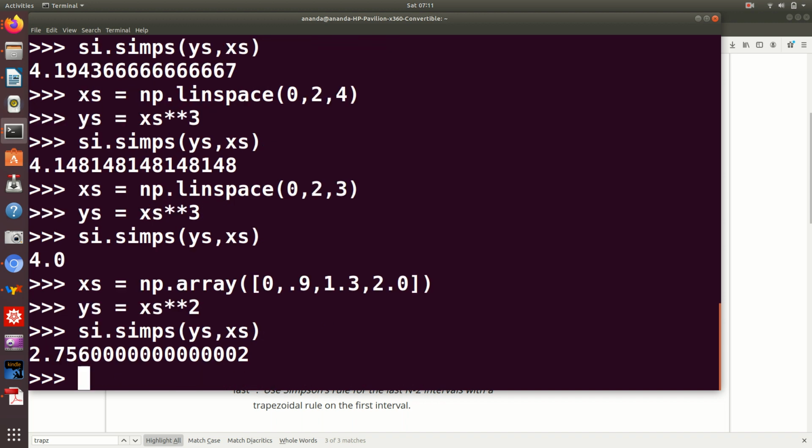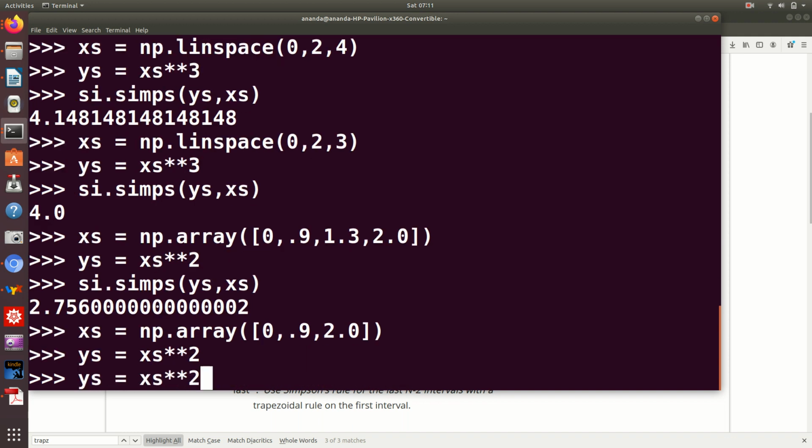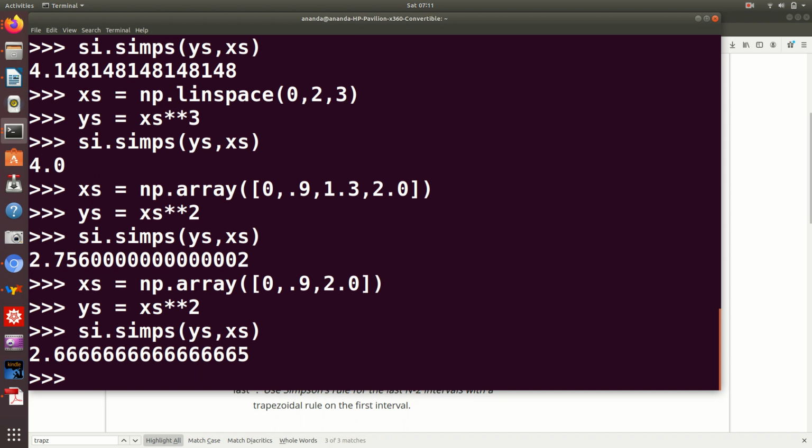So not the exact result again. It's supposed to, but doesn't. But that again is the result of the fact that we are using an odd number of intervals. Let's just repeat with an even number of intervals, just 3 points, fewer than before, and now try Simps. I get 2.6666, which is actually exactly 8 by 3.